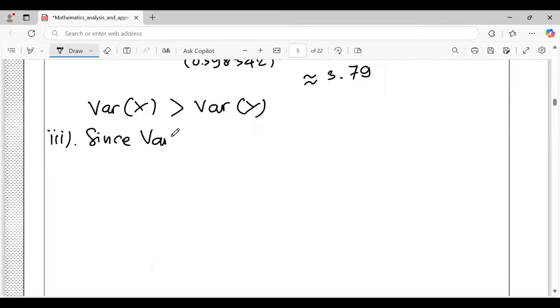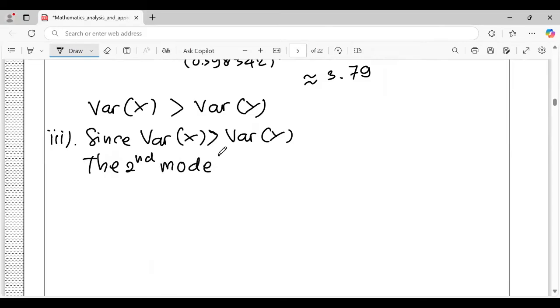Since variant X is greater than variant Y, the second model of design is more consistent.